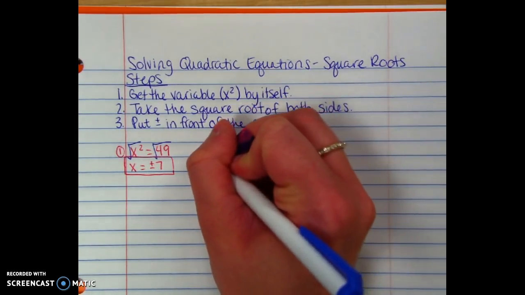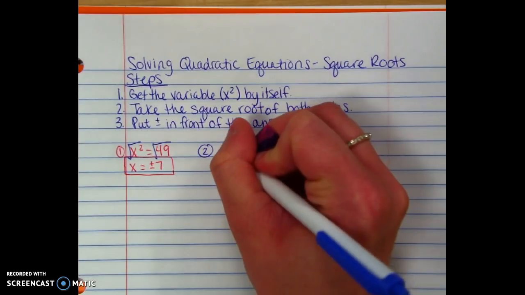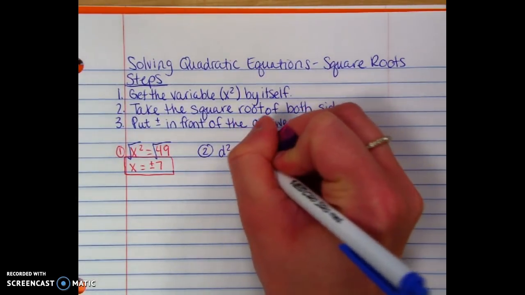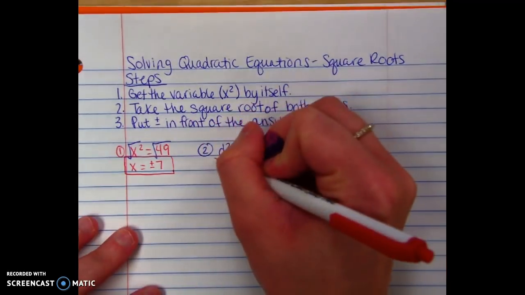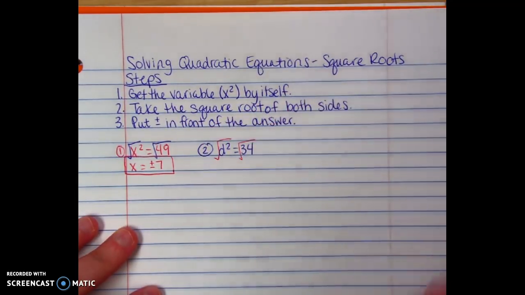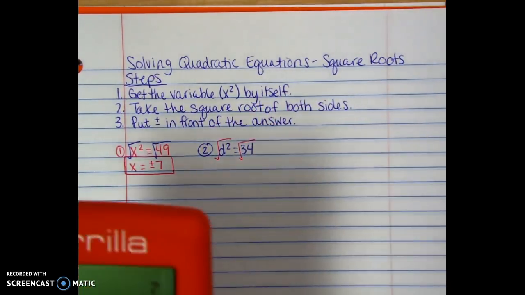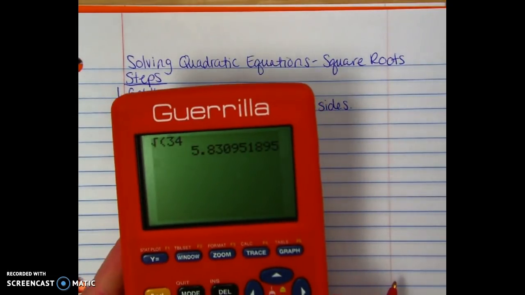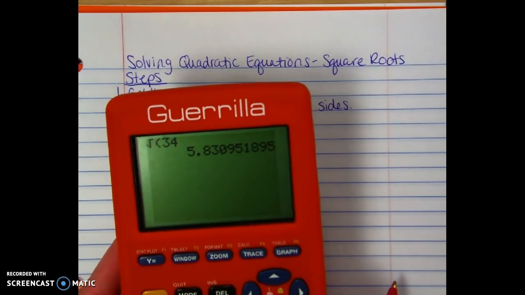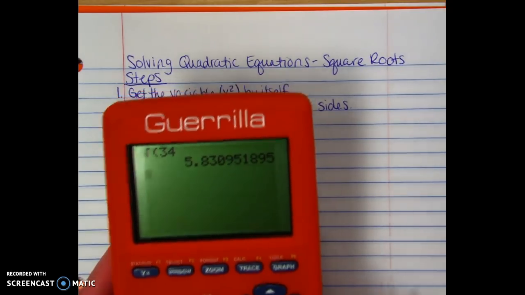Okay, let's look at number 2. d squared equals 34. Now 34 is not a perfect square, so on some of these you're going to need to round to 2 decimal places, the nearest hundredth. So when you do the square root of 34, you get 5.8309, so that rounds to 5.83.